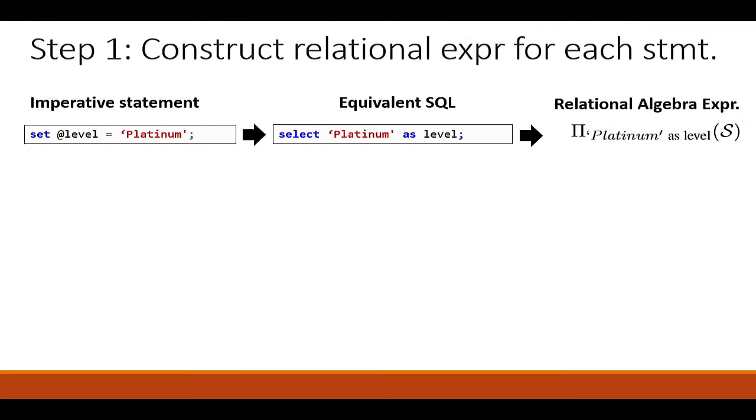So basically this can be seen as a single row, single column relation, where the column name corresponds to the variable name and the value of the variable is the one row in that table. This is a logical expression, but just to give some intuition.